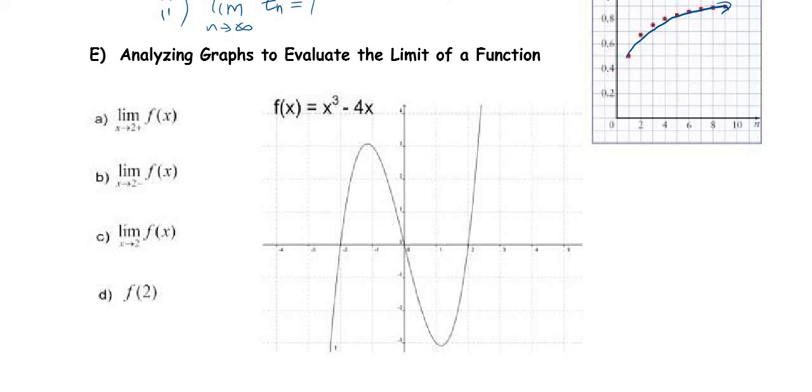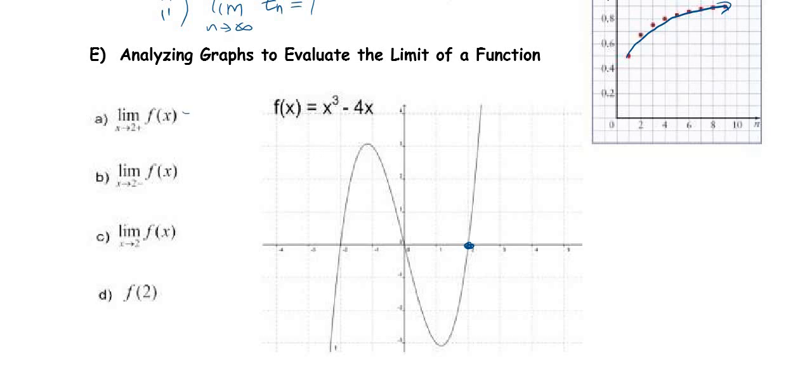Let's do one more problem just to give us a bit more information here. Now, we have this function f of x equals x cubed minus 4x. And what we're going to do is we're going to look at this point, x equals 2. So let's see, it's a little hard to read here, but this is going to be this point here.